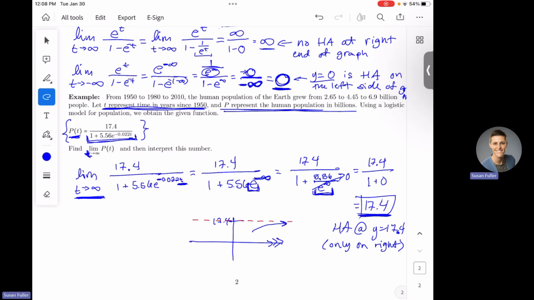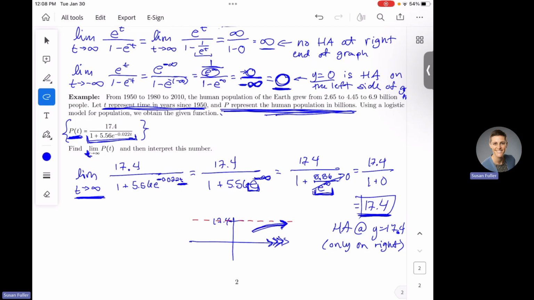And so what do my y values represent in this function? Y values are P of t, and P represents the human population in billions. So as t, the number of years since 1950, gets bigger and bigger as time goes on, my y values, the human population in billions, approach 17.4.